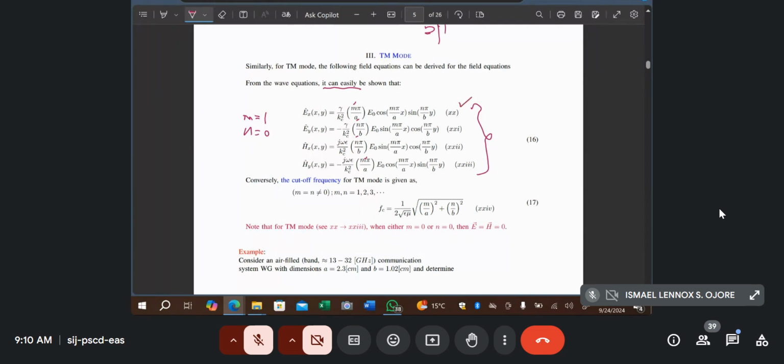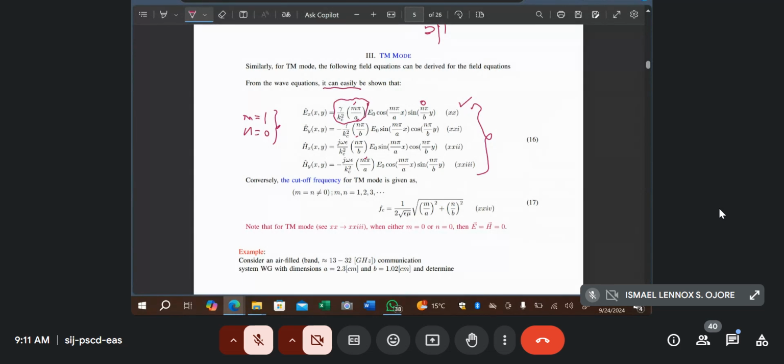When m is 1, the amplitude exists, isn't it? That's okay. Cosine will exist. But remember, our n is 0, so here we have 0. What would happen to Ex?